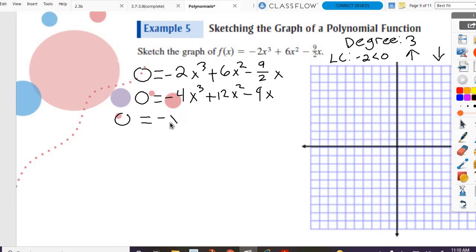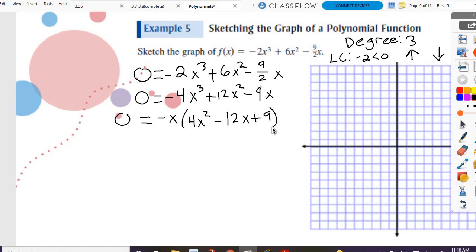So I'm going to go ahead and factor out a negative. So then what are we left with? 4x squared minus 12x plus 9.